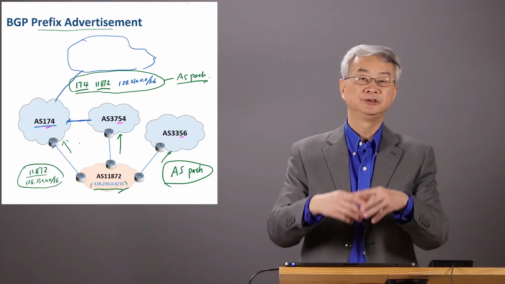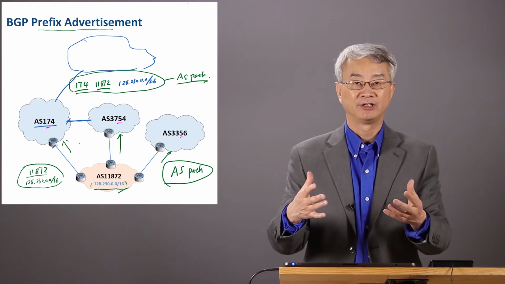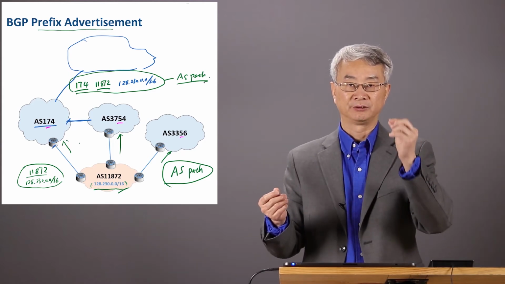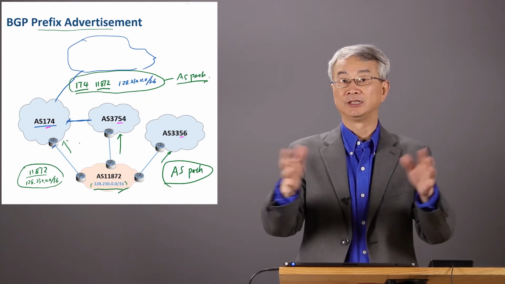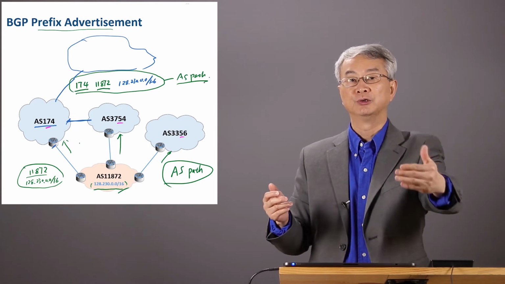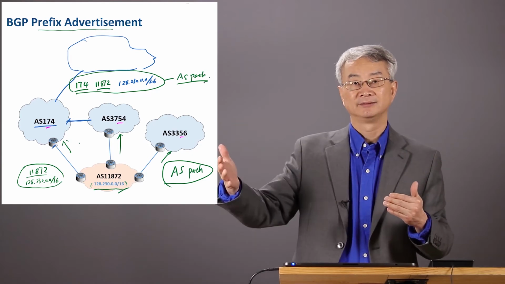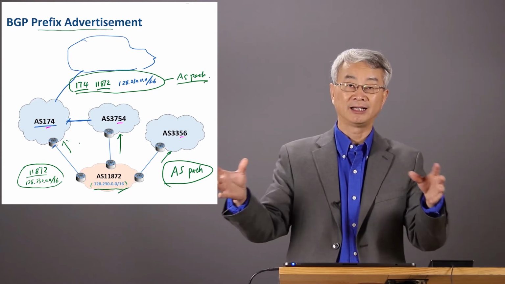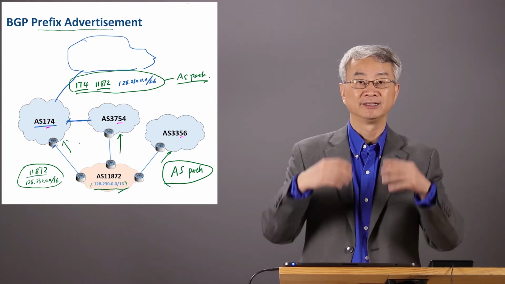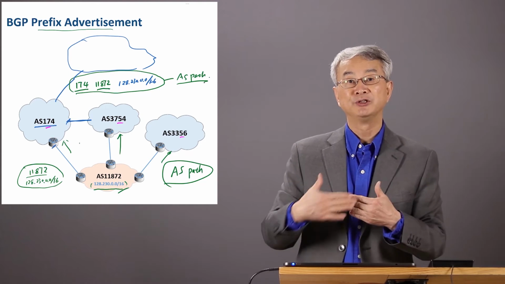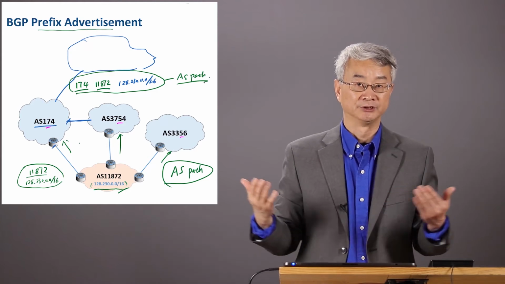So what you do is you select among all the AS paths that you have received for each particular network prefix, and you pick the best one that you like, and you forward it to your other neighbors. This way, if everybody is doing that, gradually the entire world, as long as they are connected to the internet, with their BGP speakers picking up this information, will know how they can reach 128.230.0.0.